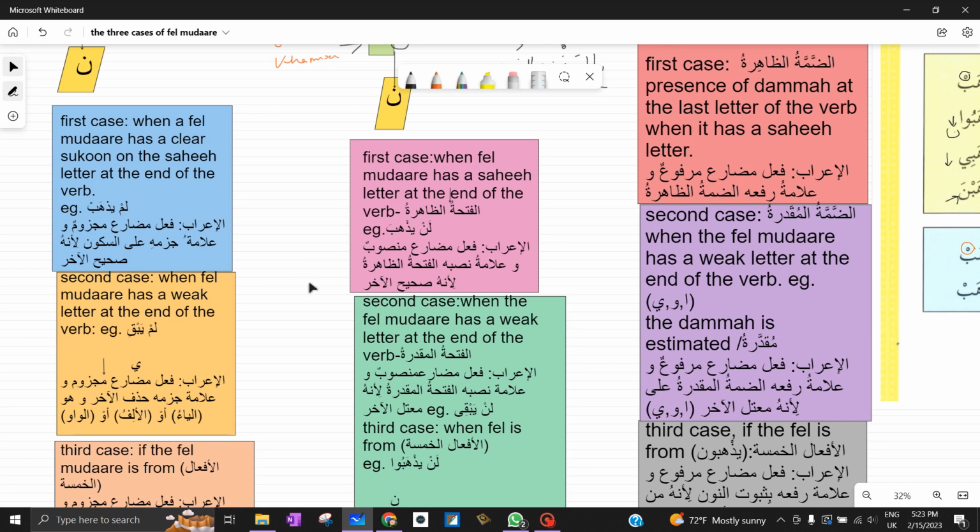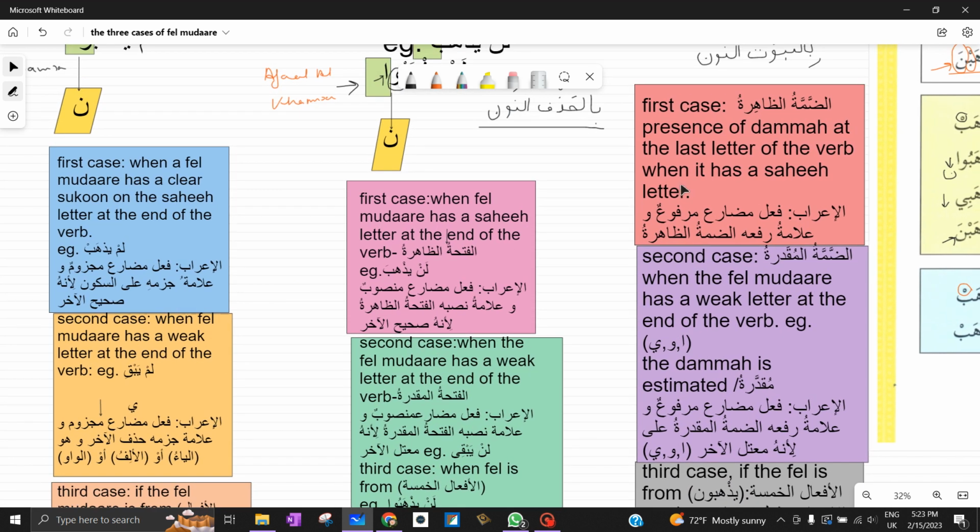Now we come down for the three things in detail. We will do here in detail. Now in first case, marfu case, when it is dhamma zahira, whenever you see a fail mudare with a clear dhamma on it. So in marfu case, we are doing fail mudare marfu. Now there are three cases where there are different types of i'rab we do.